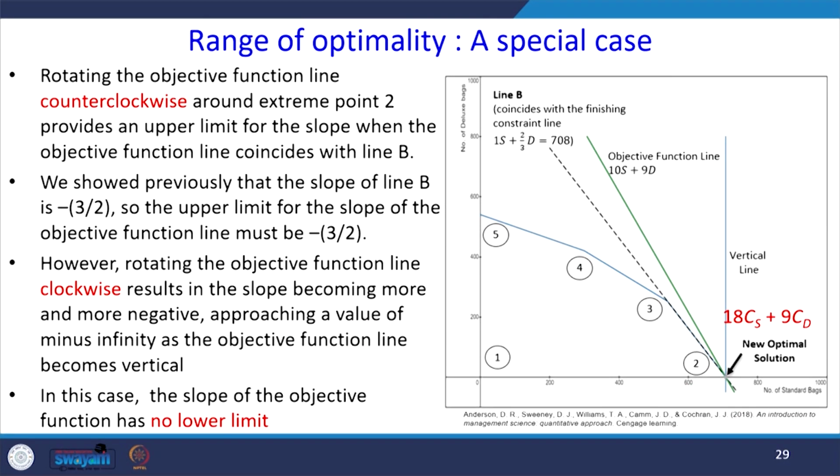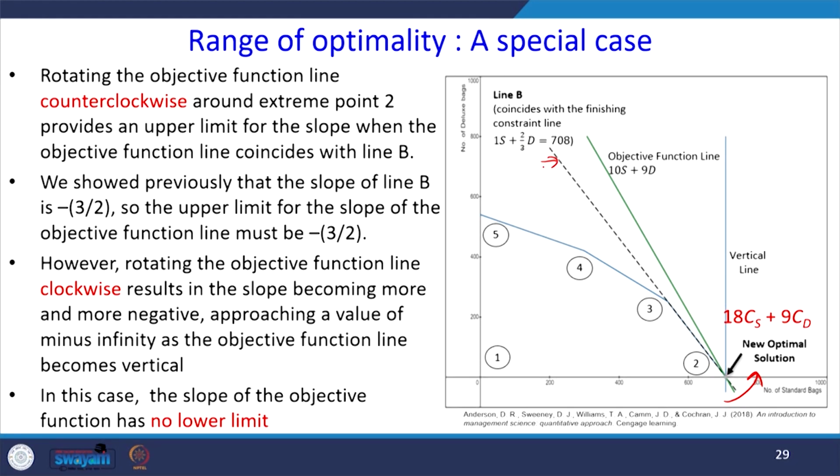Rotating this objective function line counterclockwise around extreme point 2 provides an upper limit for the slope when the objective function line coincides with line B.